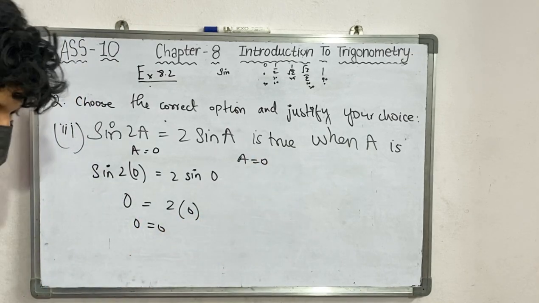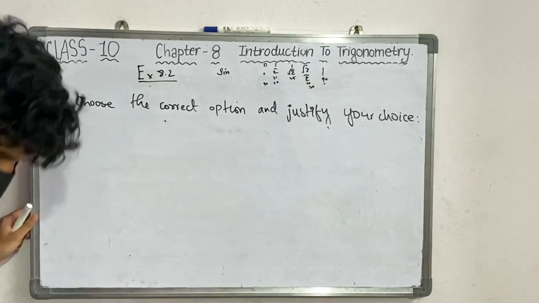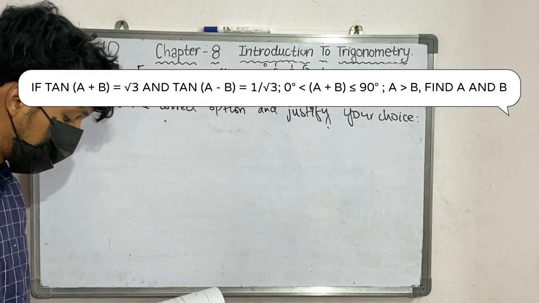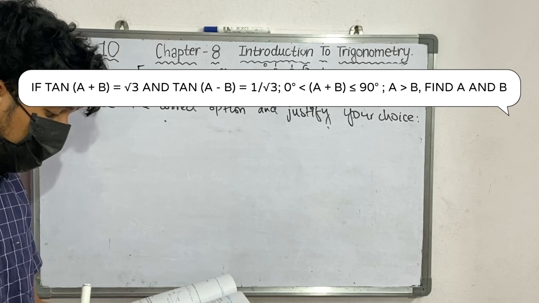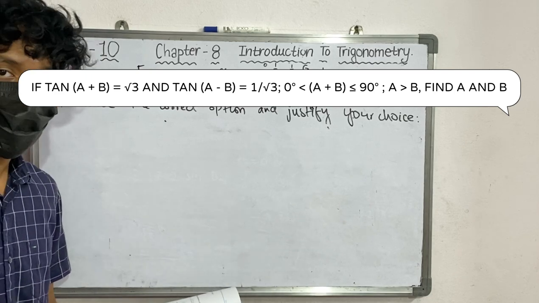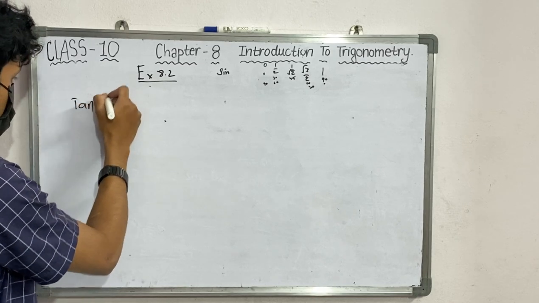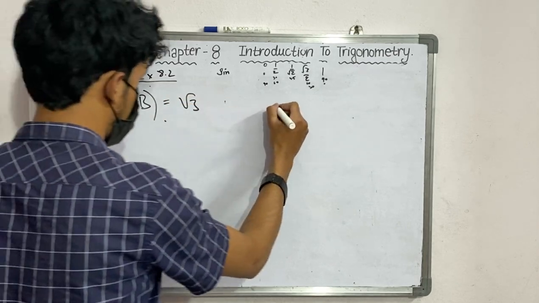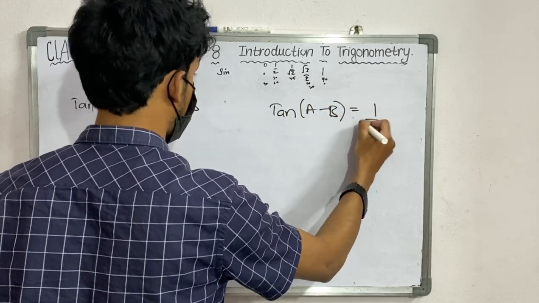Now we move to the fourth bit. It is given that if tan(A plus B) is equal to root 3 and tan(A minus B) is equal to 1 by root 3, such that 0 degree is less than A plus B less than or equal to 90 degree, we have to find the values of A and B. Tan(A plus B) is the first equation, root 3, and the second equation is tan(A minus B) is equal to 1 by root 3.